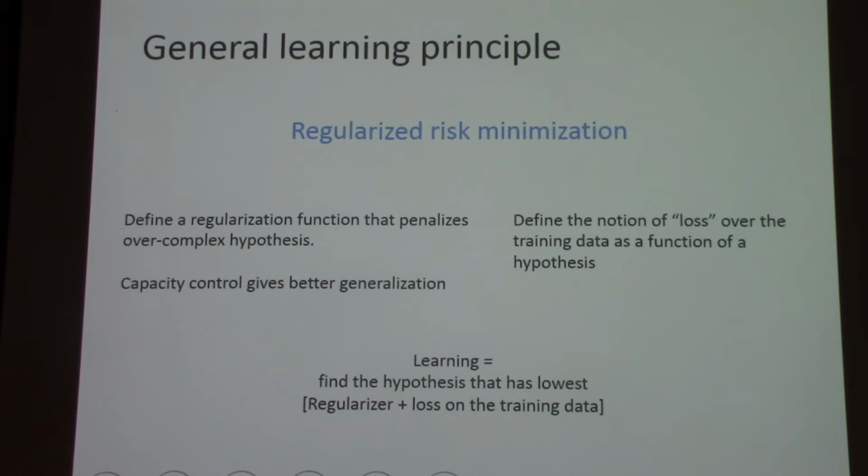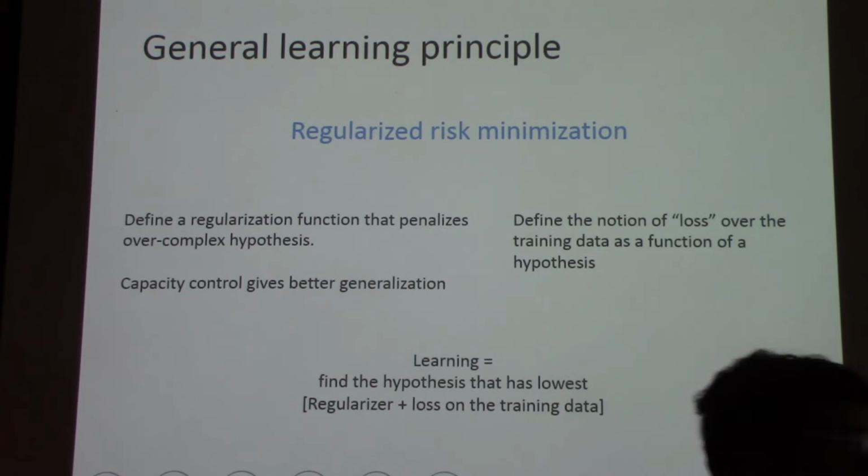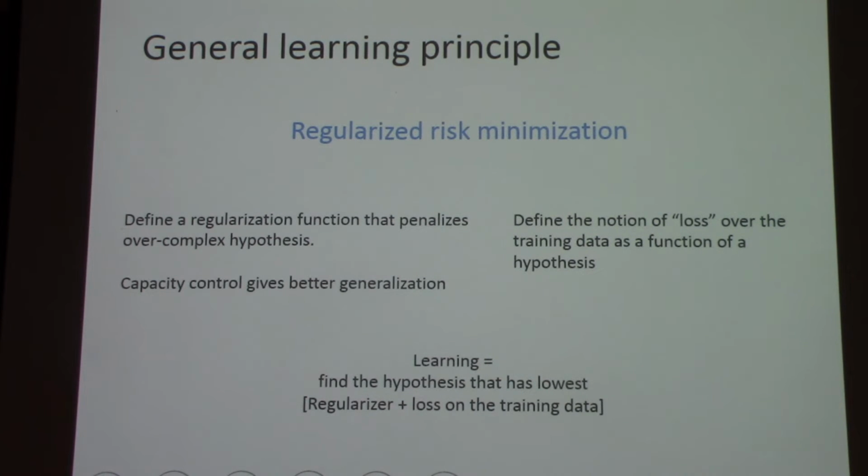The loss function takes, in this case for linear classifiers, a weight vector and a labeled example and numerically quantifies how much mistake this weight vector makes on this example. That's your loss function.